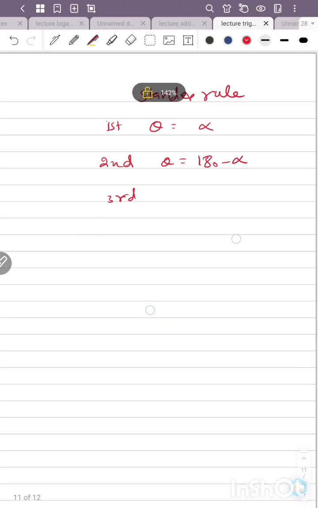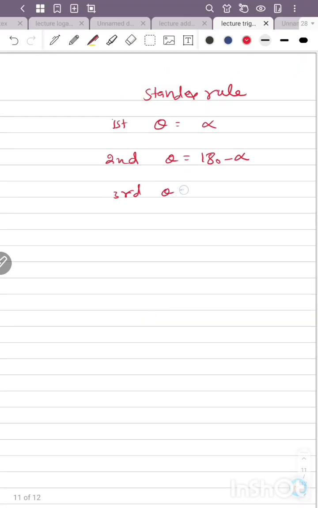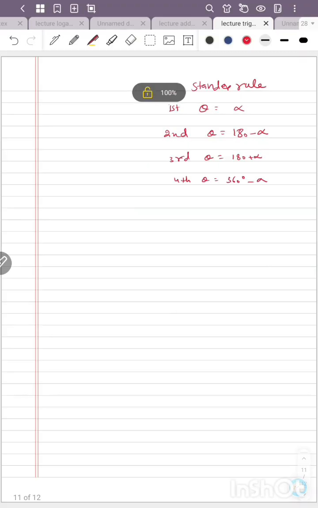I have to zoom it. In the third quadrant theta will be 180 plus alpha, and in the fourth quadrant theta will be 360 minus alpha. Here I have to draw it. In the first quadrant theta is the same as it is, it will be alpha.